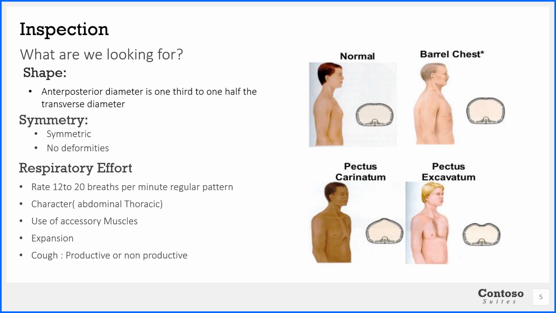So you can see that the barrel chest is definitely larger all the way down. Okay, the normal chest is definitely different than the barrel chest. Pectus carinatum, I always say it wrong. If you notice, the bone is protruded out, and you can see that it's not in the normal range.